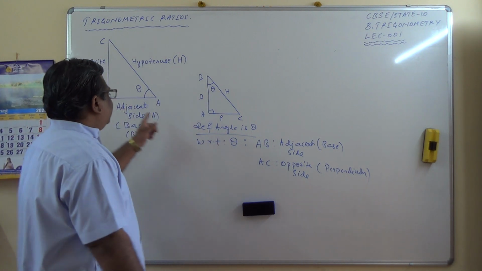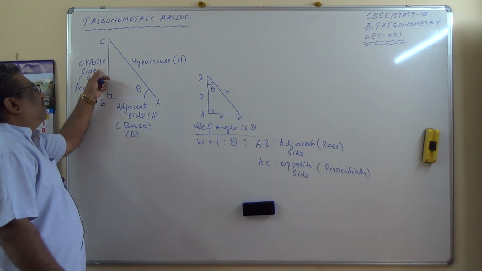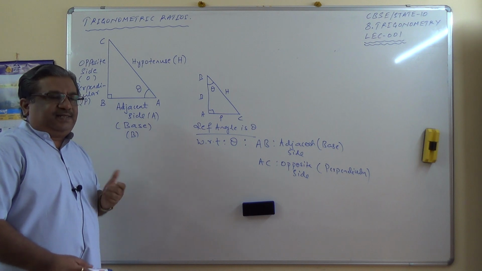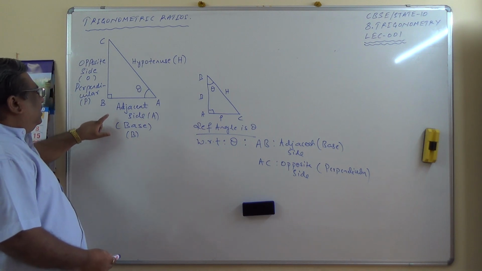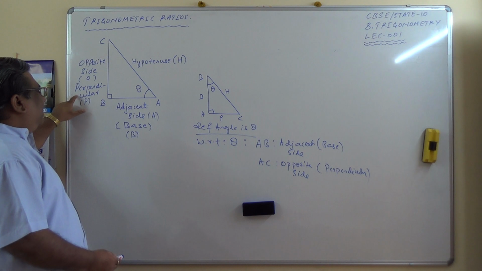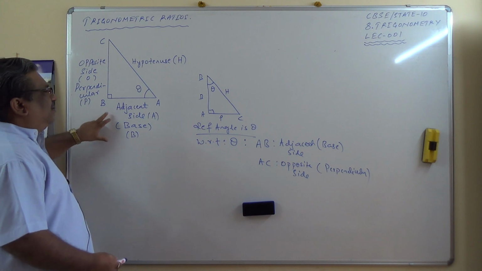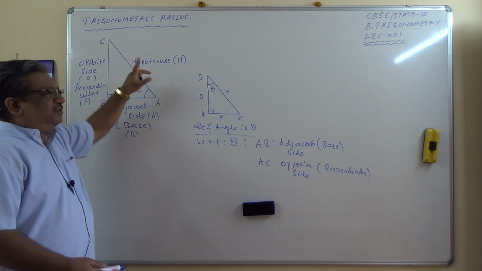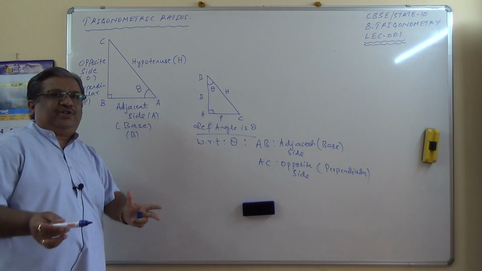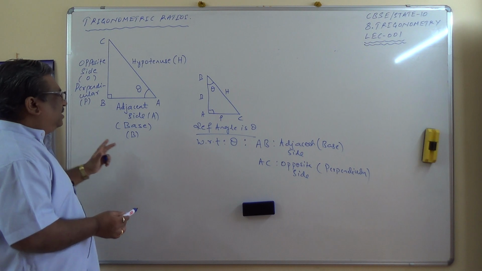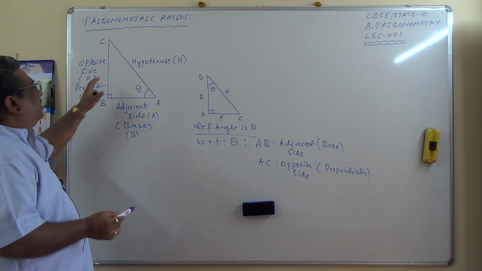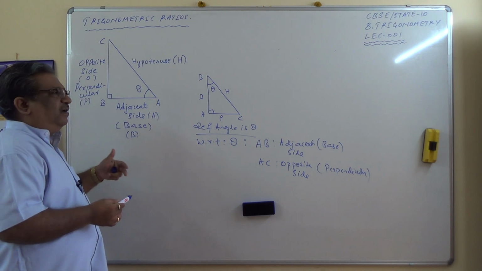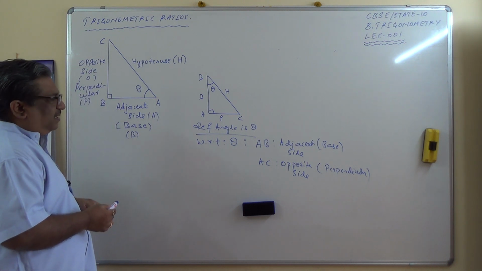If I use adjacent side, then opposite side is the one to be used in terms of the terminologies of the right triangle sides. I cannot club adjacent side with perpendicular. It is not good also. So opposite side, adjacent side, hypotenuse form one set of naming the sides of a right triangle. Similarly, base, perpendicular and hypotenuse form another set of naming of the three sides of a right triangle.